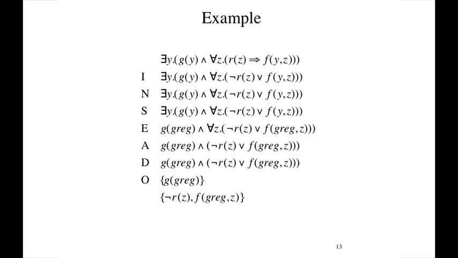The S step has no effect because there are no duplicate variables. On the E step, we notice that the quantified sentence contains no free variable, so we simply replace the quantified variable by a new constant, in this case Greg. The A step and the D step have no effect. And finally, on the O step, we convert our conjunction into two separate clauses.